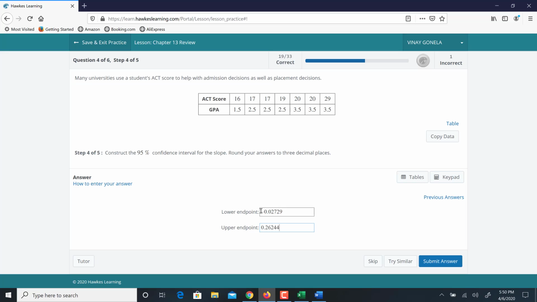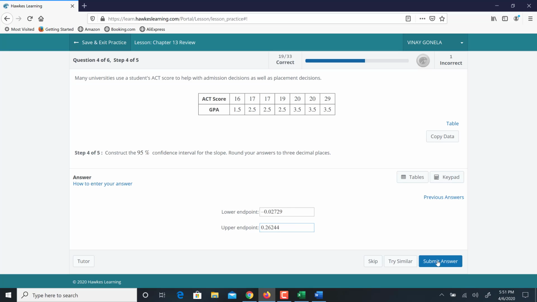If you see you have a negative and a positive confidence interval, that means actually your slope could be 0. Because 0 lies within that limit, your model is not good enough to predict.